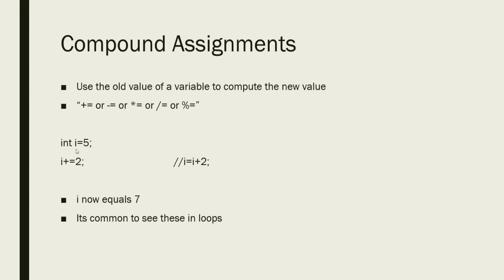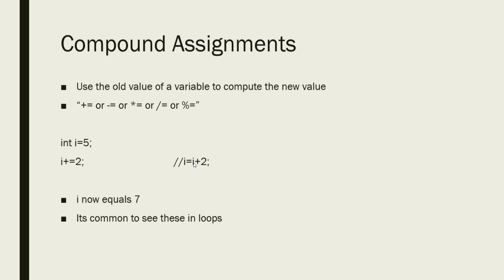So we are declaring a variable int i equals 5, and at this point we're using the plus compounding assignment. So it's going to look like i equals i plus 2. This is going to be the old value, and by the old value, I mean this value right here. And i is going to be whatever this is.